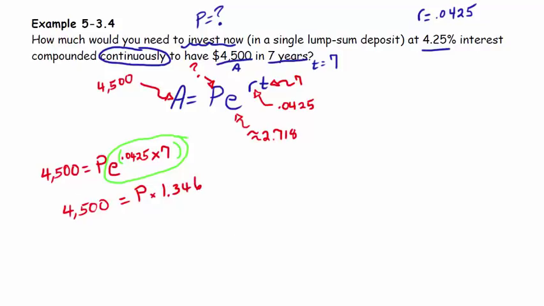Okay, and then to solve this, we would divide both sides by 1.346. But so I don't have any rounding error, I'm going to use that answer command that we just used.